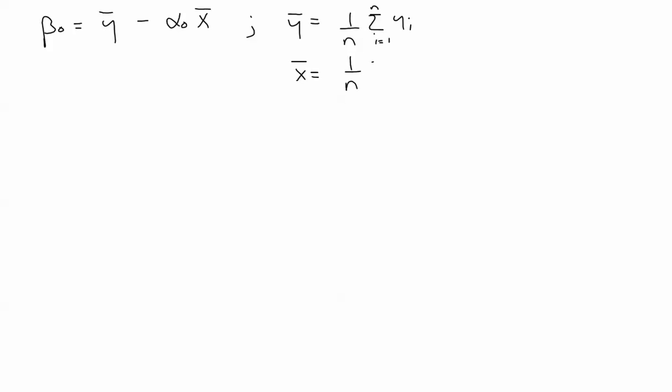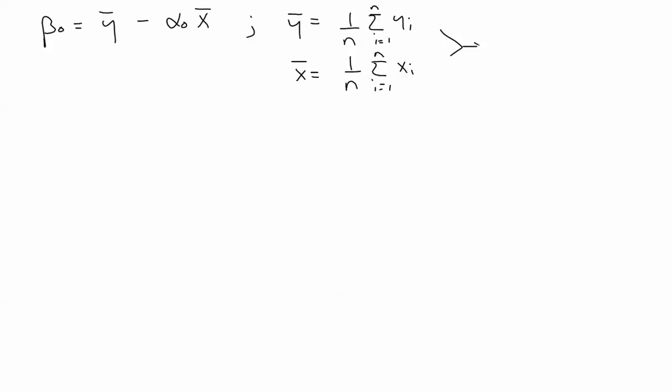What we find is that beta naught equals y bar minus alpha naught x bar, where y bar equals 1 over n times the summation i equals 1 to n of y_i, and x bar equals 1 over n times the summation i equals 1 to n of x sub i.